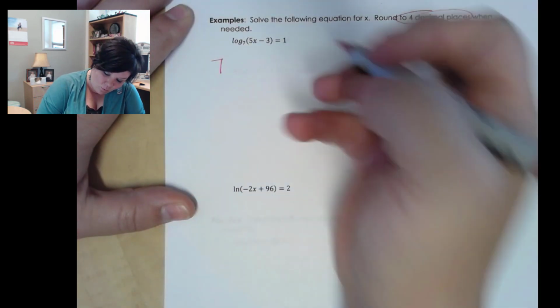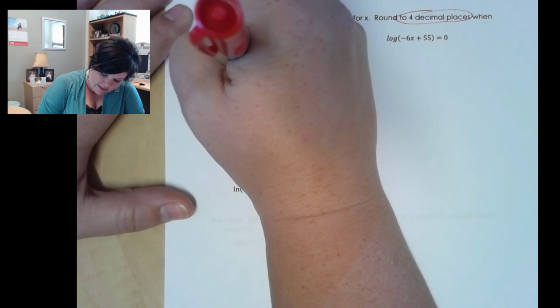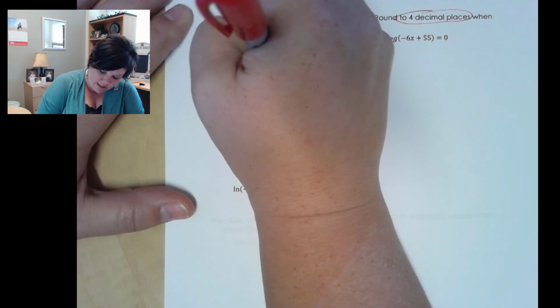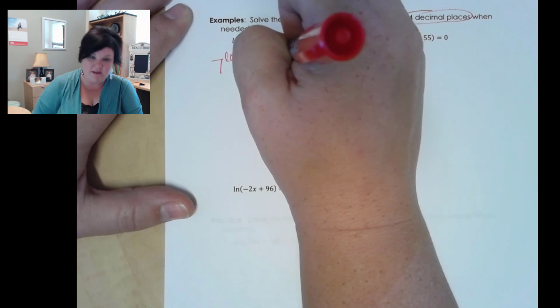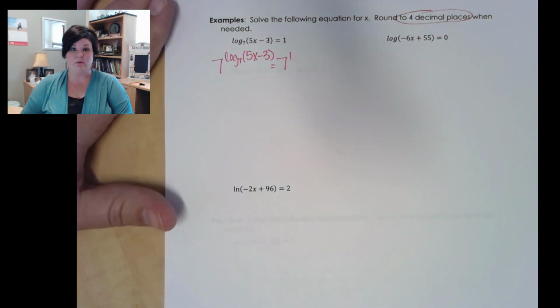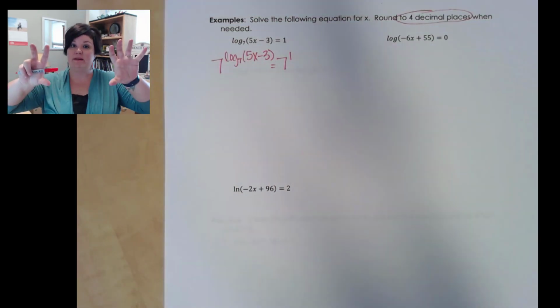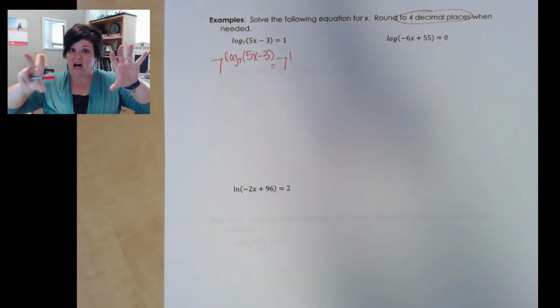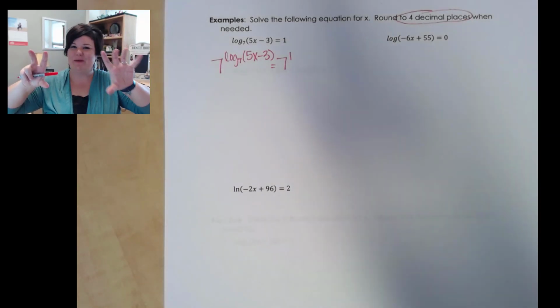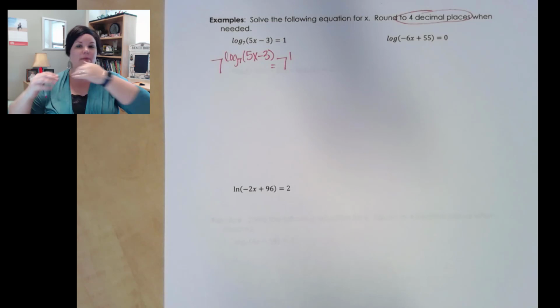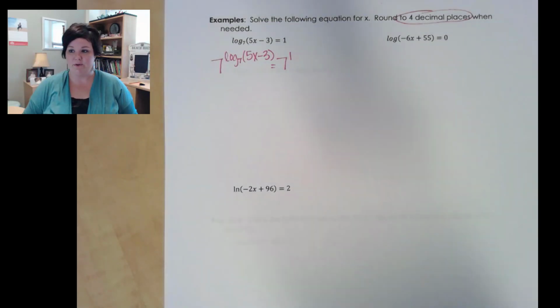So 7 raised to the log base 7 of 5x minus 3 is equal to 7 raised to the first power. If I put in an exponential base 7 on one side, I have to put in the exponential base 7 on the other side, and my equation just moves up into the exponent.